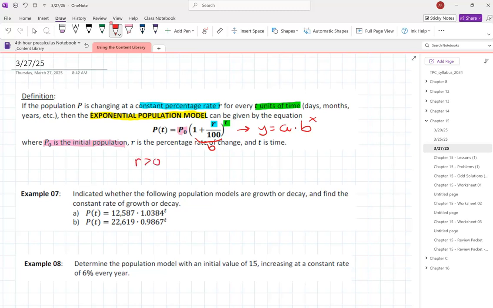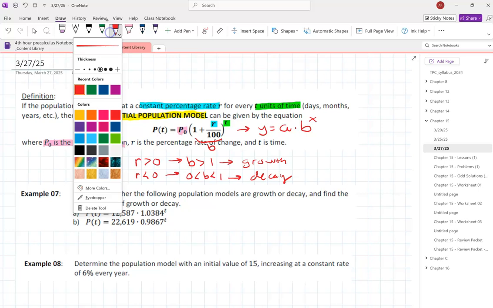So I notice that if R is greater than 0, 1 plus R over 100 is going to be greater than 1, because you're just adding a positive value to 1, which would imply that this is growth, right? And if that R value is negative, then our B value would be stuck between 0 and 1, which would tell me this is decay. Everybody feel okay with that idea?